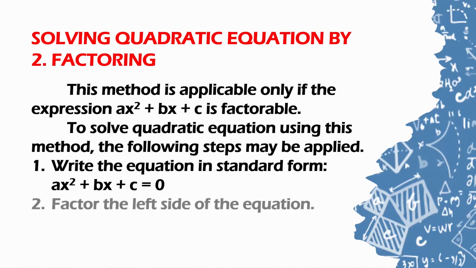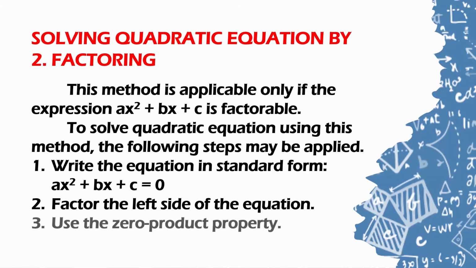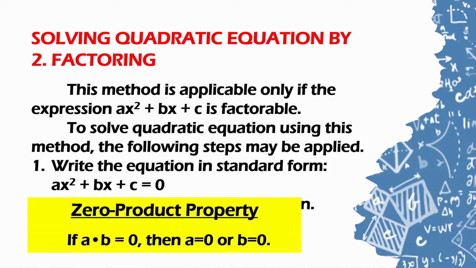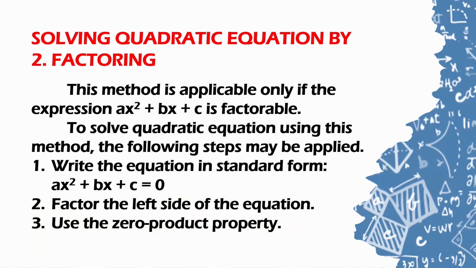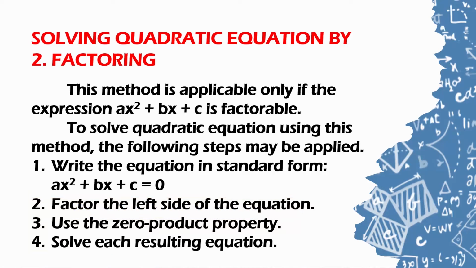Number 2, factor the left side of the equation. Number 3, use the zero product property. And the zero product property states that if A times B equals 0, then A equals 0 or B equals 0. And for our last step, solve each resulting equation.